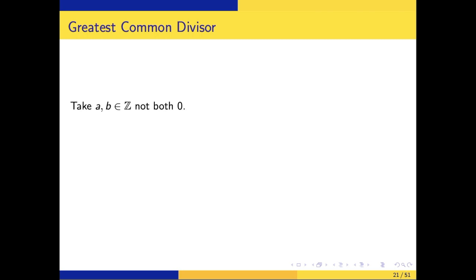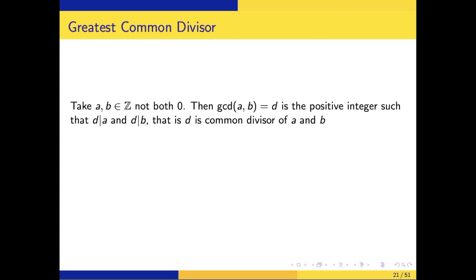Now we move on to the concept of the greatest common divisor. Take two integers a and b, not both 0. Then the GCD of a and b is d, which is a positive integer such that d is a common divisor of a and b. So d divides a and d divides b.